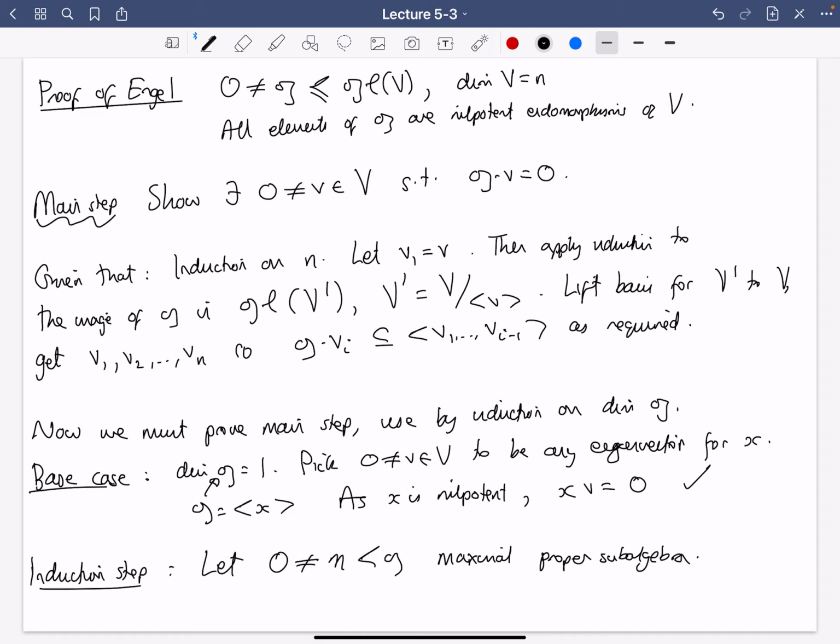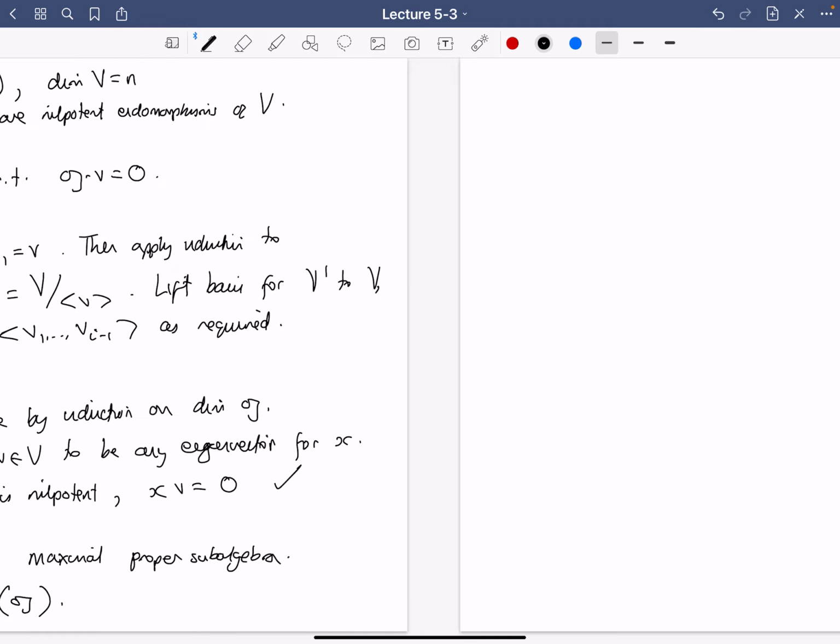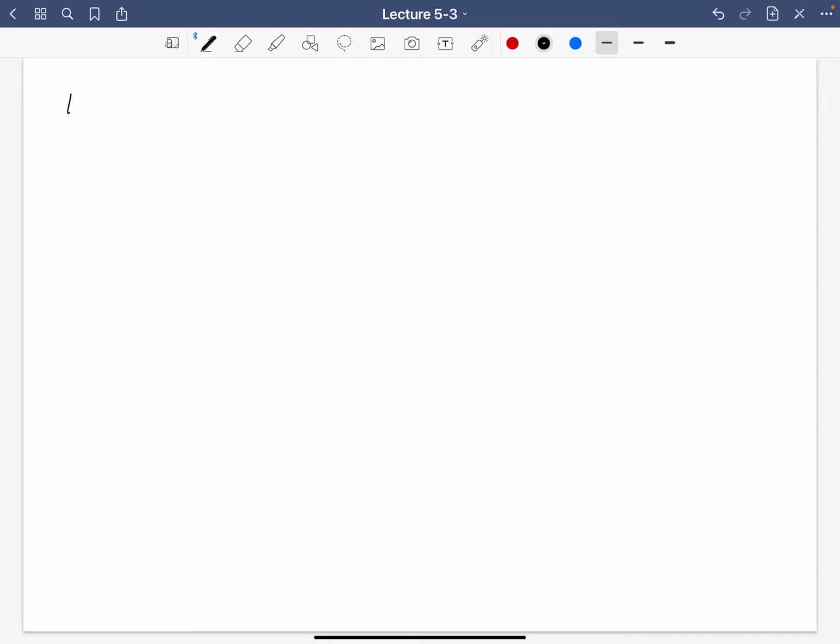Just pick such a one, and what we're going to do is consider the adjoint action of this n on G. That gives us a representation of the maximal proper subalgebra n, a Lie algebra homomorphism to the general linear group GL(G). So for x in n, ad x.